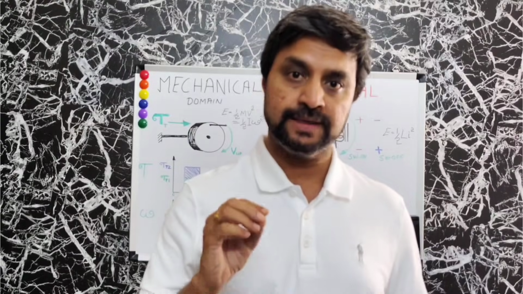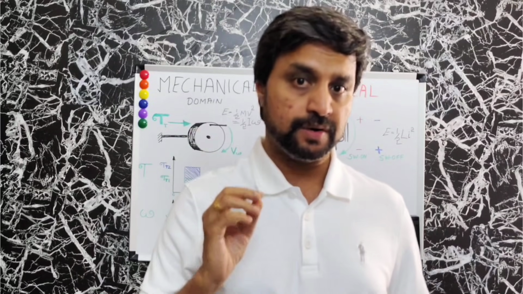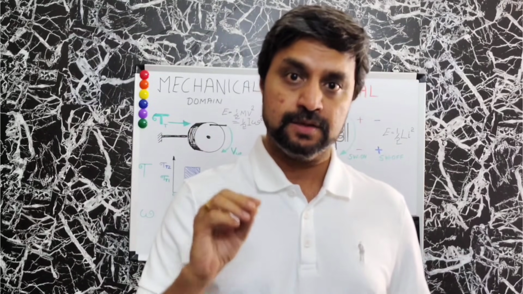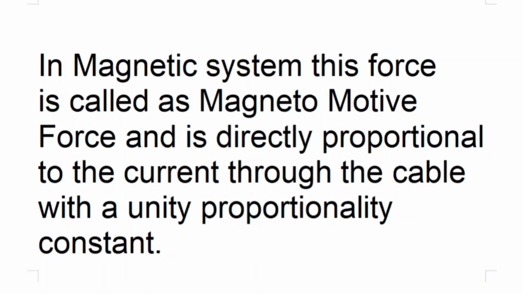We saw in the case of a mechanical system or an electrical system or even a pneumatic system, the cause is the force. And in a magnetic system, this force is called magnetomotive force and is directly proportional to the current through the cable with a unity proportionality constant.